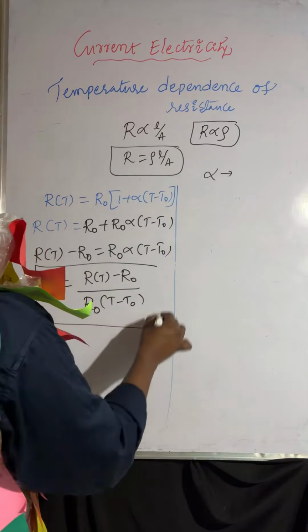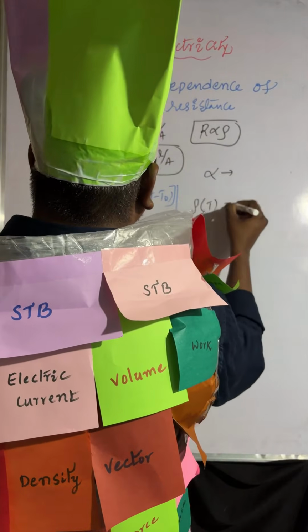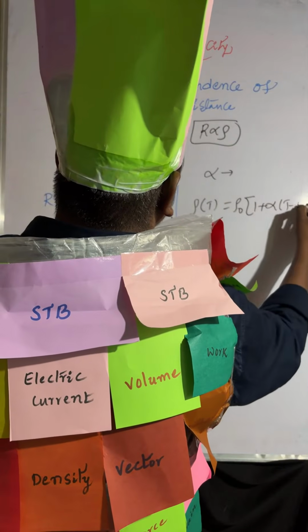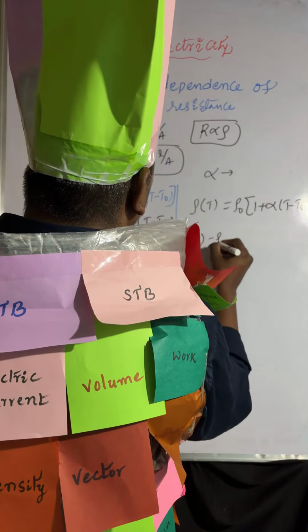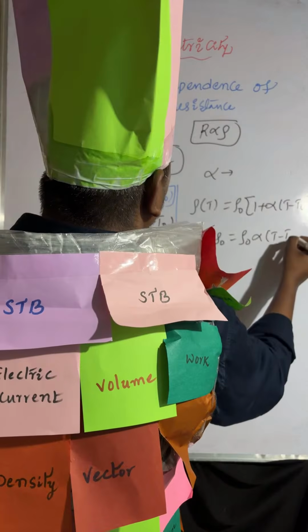So same thing for resistivity also. Rho_T equals rho_0 (1 + alpha (T minus T_0)). Then rho_T minus rho_0 equals rho_0 alpha into (T minus T_0).